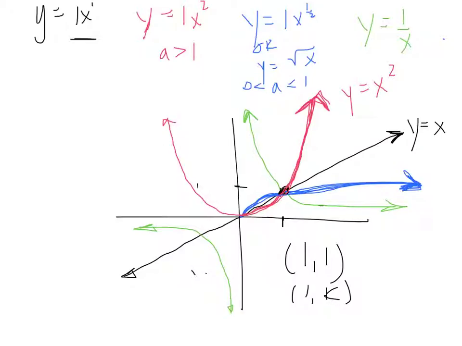All right, the last one is if you're given a power function where a is less than 0, meaning it's negative, it's going to mimic that of the rational function. Okay?